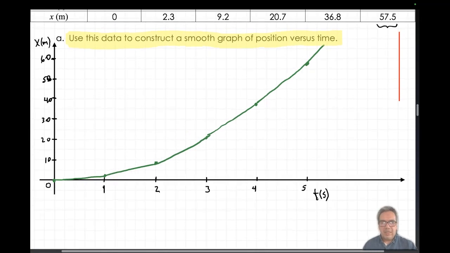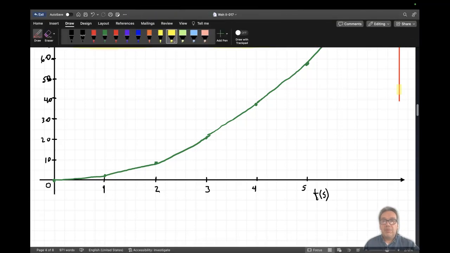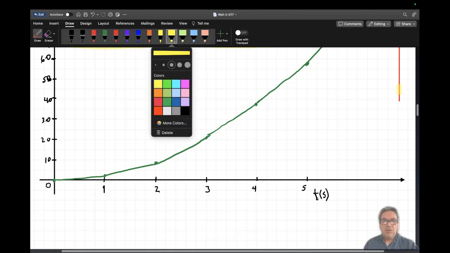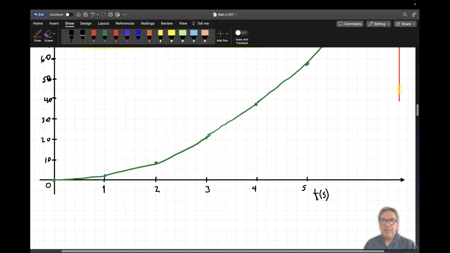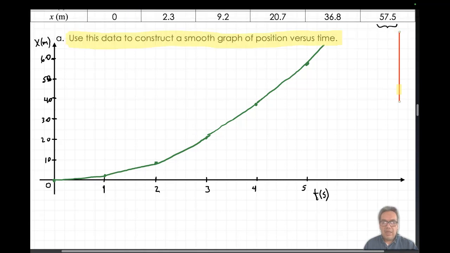Remember that the whole point of this situation is that if you have a position time graph, that will give you the velocity if you have the slope. But wait a second, you don't have the slope for that. What we have is basically a graph that is a curve, and then using that curve, you can get lines that are tangent to the curve at many different points.